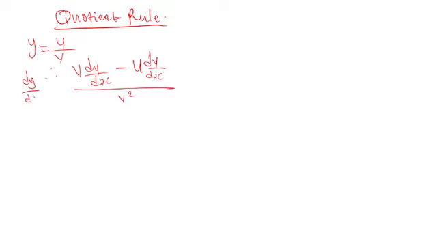This is called the quotient rule. This is the quotient rule that governs differentiation. So each time you want to differentiate a fraction that contains two different terms, you make use of this rule, and it's called the quotient rule.